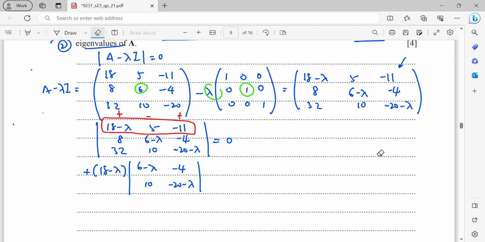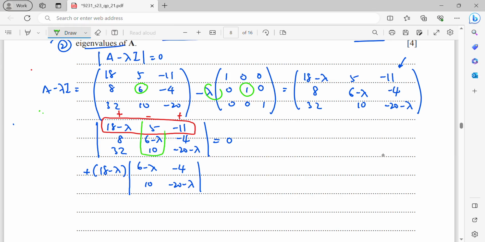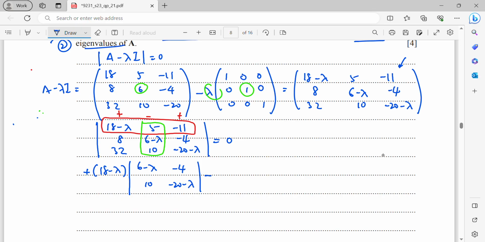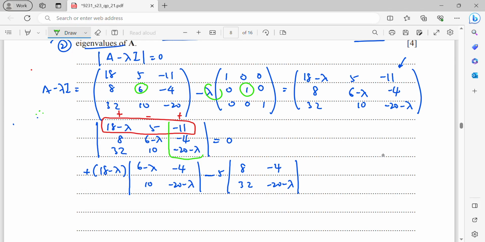Now erase the first column and consider the second column. The crossout is 5 and the sign is minus. So I will get minus 5, then 8, 32, minus 4, minus 20 minus lambda. Now erase the second column and consider the third column. When you consider the third column, the crossout is minus 11, but the sign is plus.